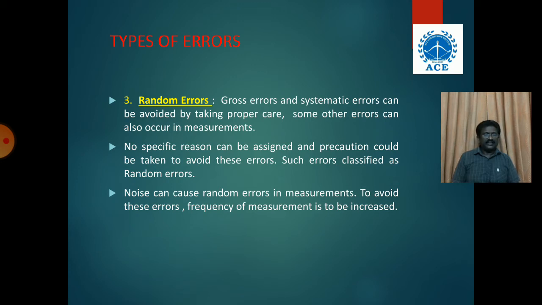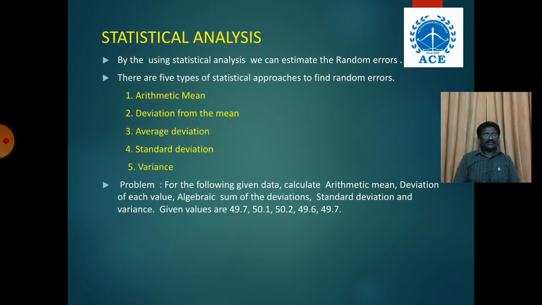So now with the help of some mathematical calculations, we can reduce random errors. Here we are taking statistical approaches. Here we have 5 types: arithmetic mean, deviation from the mean, average deviation, standard deviation, variance. So these are the statistical analysis processes.